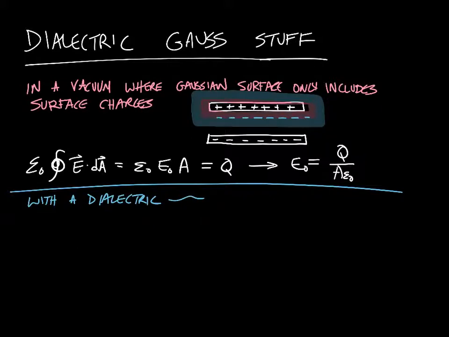Well, it's still the case that I'll have Gauss's law the same as it always is. It's this integral of E dA, which is going to give me an EA, but now I have the Q that I had before, the big Q that was on the surface, minus some other q in the dielectric.